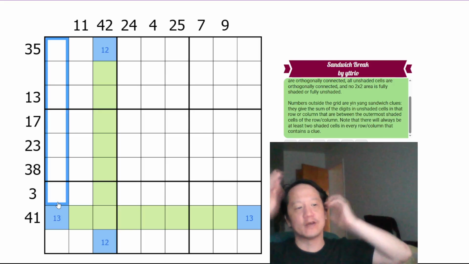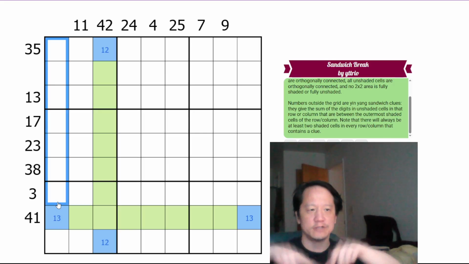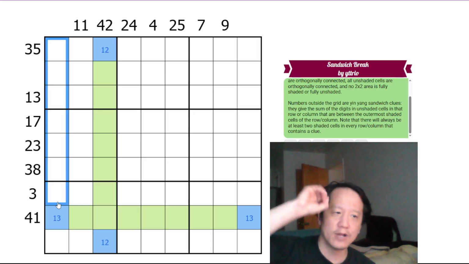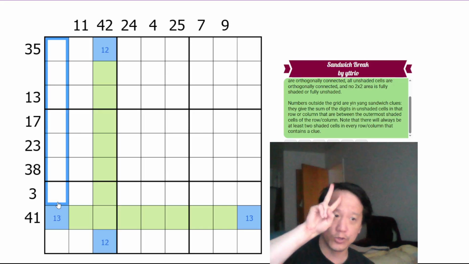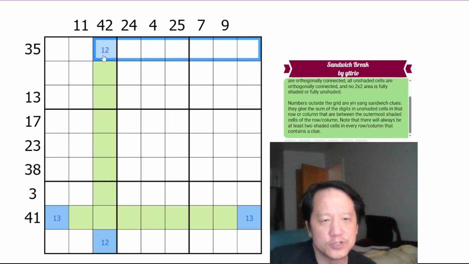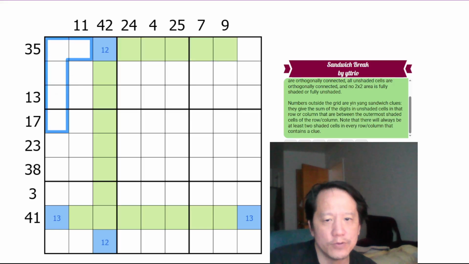So on the edge of the grid, you either have 0 changes of color or you have 2 changes of color. You can't have 4, because if you had 4, so say this went blue, green here, blue here, swap to green here.